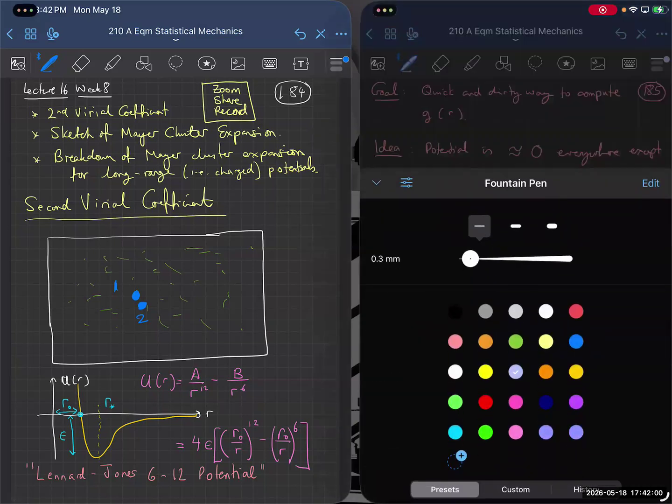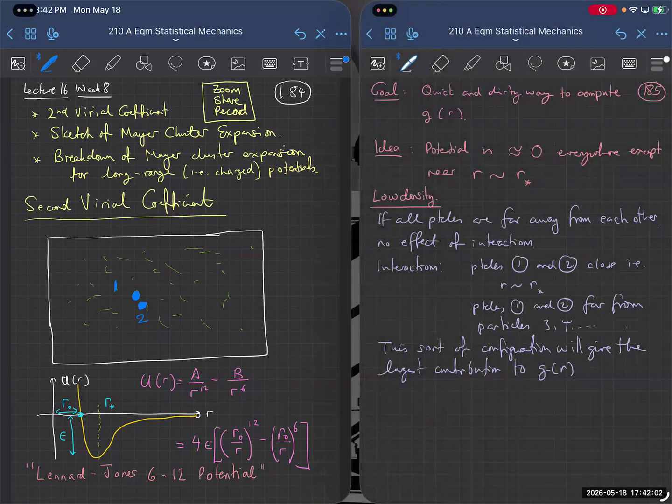And so therefore, if I look at that numerator, what do I have to consider? The numerator is the integral d3r1, d3r2, d3r3, all the way up to d3rn.